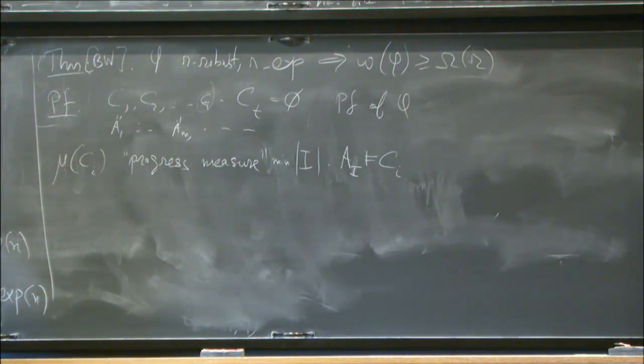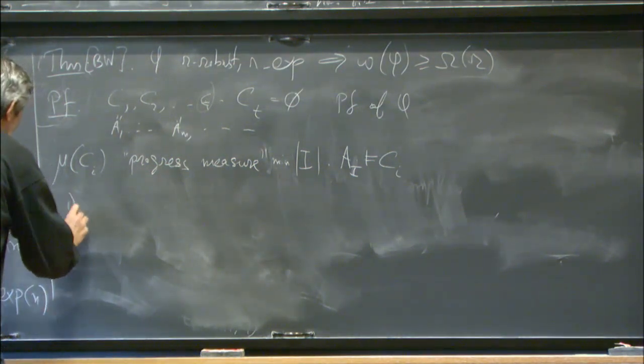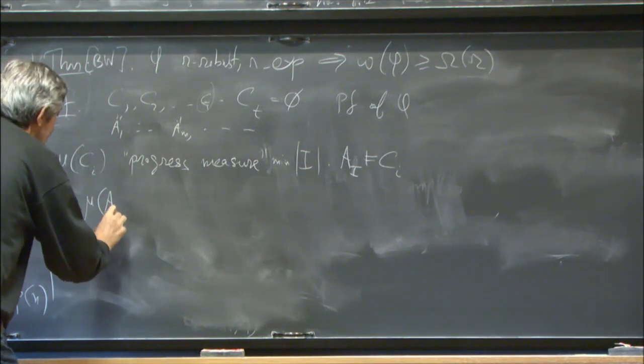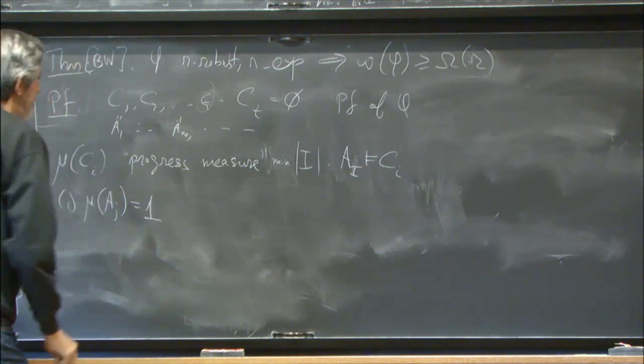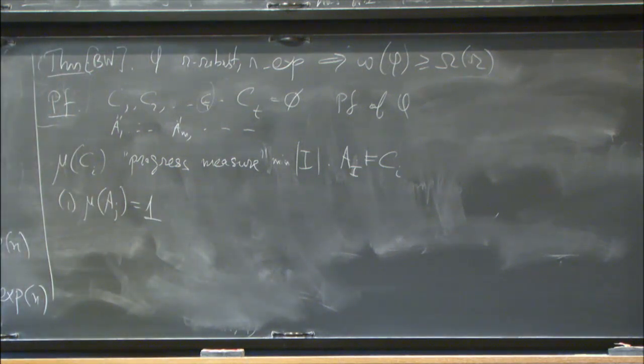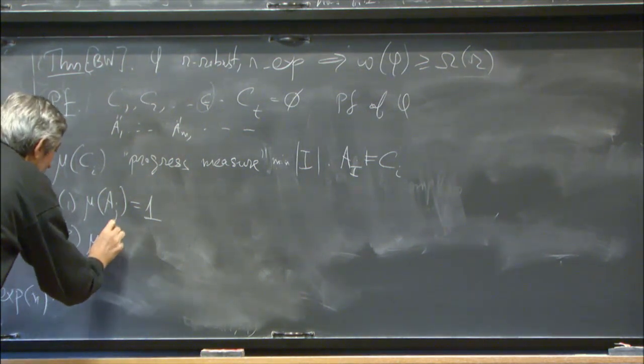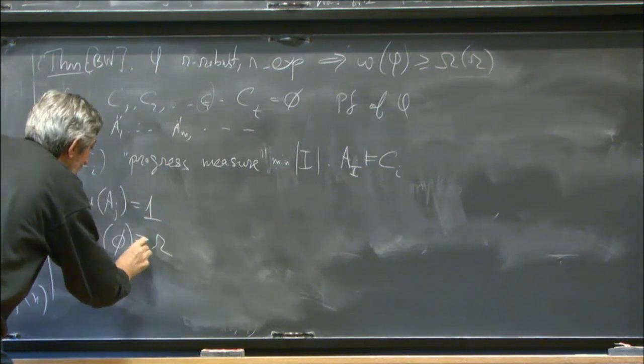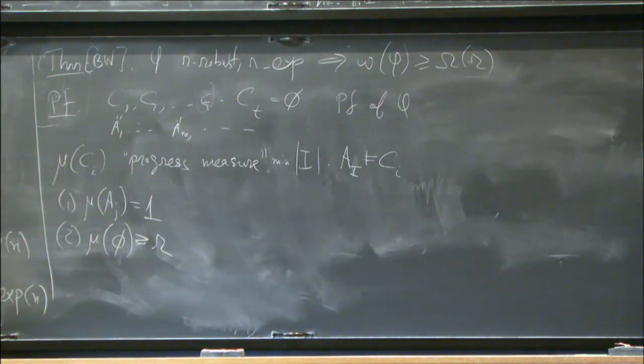So what's good about this? In what sense is it a progress measure? First of all, for every axiom, mu is 1. It's small in the beginning. It's large at the end. Why do we know that? Because of robustness. So it starts small, it's large at the end, like a good progress measure.